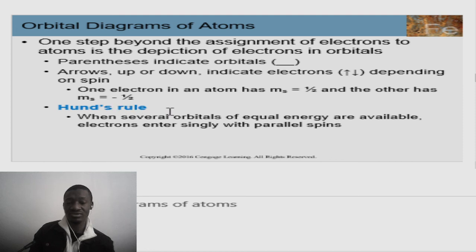So you have Hund's rule. Hund's rule states that when several orbitals of equal energy are available, electrons enter singly with parallel spin. So when you have the same energy level, the spins will be such that one goes in the positive direction and the other in the negative direction.